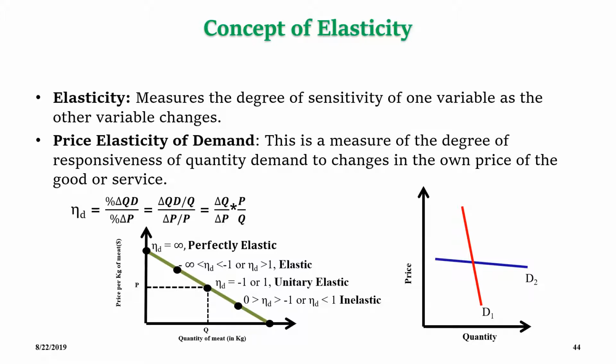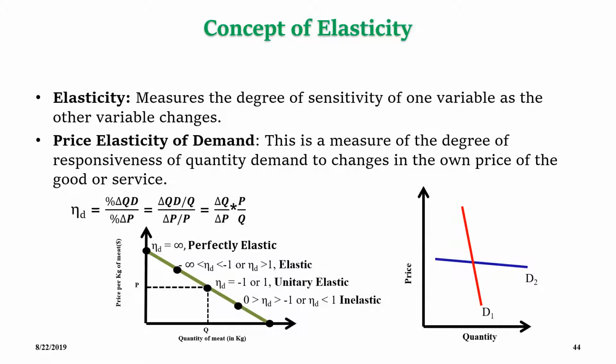It is elastic if the elasticity of demand is between infinity and -1, that is, the absolute value is greater than 1. Let's say 1.5, 1.6. It is unitary if the elasticity of demand equals 1. That is, a change in price will lead to an equal change in the quantity demanded. Demand is elastic if a change in price will lead to a more than proportionate change in the quantity demanded.